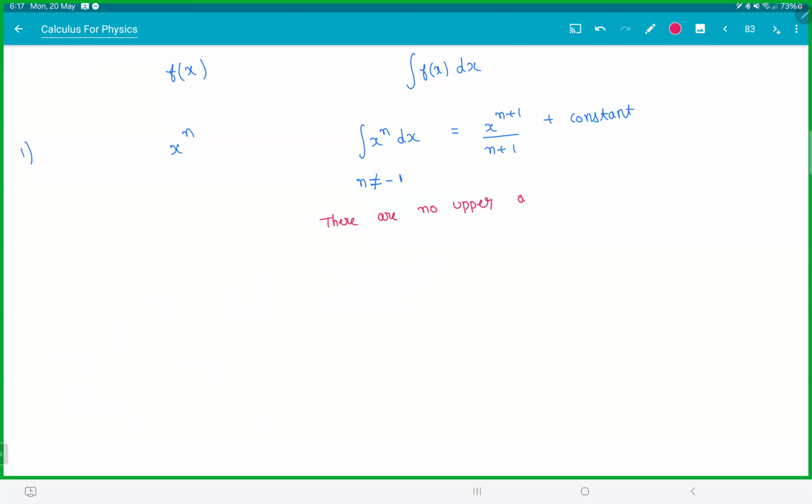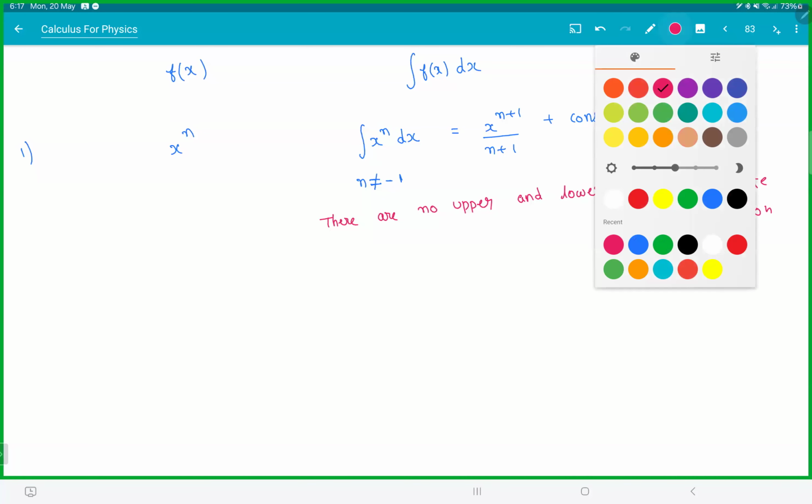So there are no upper and lower limits, and that's the reason we always have to put a constant here. This is called indefinite integration. We are not sure what the constant is. So just understand that: if they don't give you limits, you have to put plus constant.